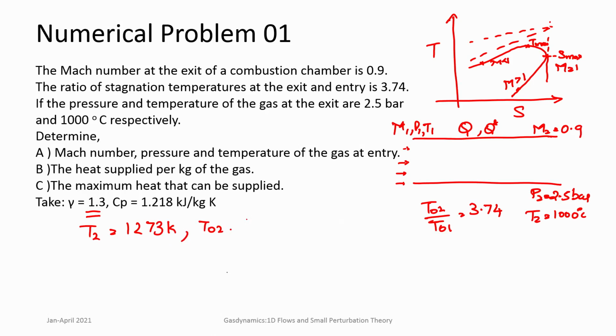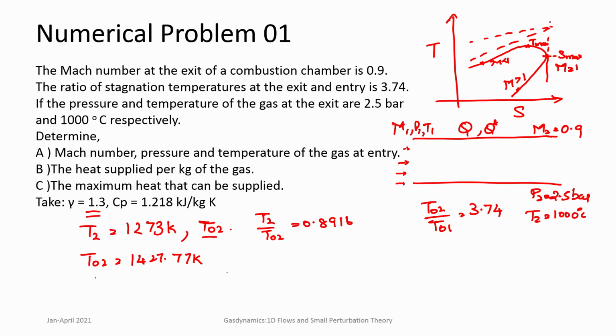So, we directly go and look at the isentropic relations and find T2 by T02, which is 0.8916 for M2 equal to 0.9. That means T02 can be found, it is 1427.77 Kelvin.